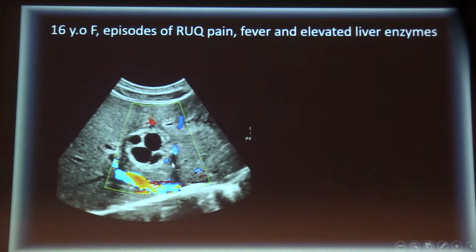There may be some acoustic shadowing here, maybe some calcification surrounding or in the outer regions of the cyst. No vascularity. Serology turned positive. Because of this clinical presentation, we thought that there may be a fistula between the cyst and the biliary ducts.